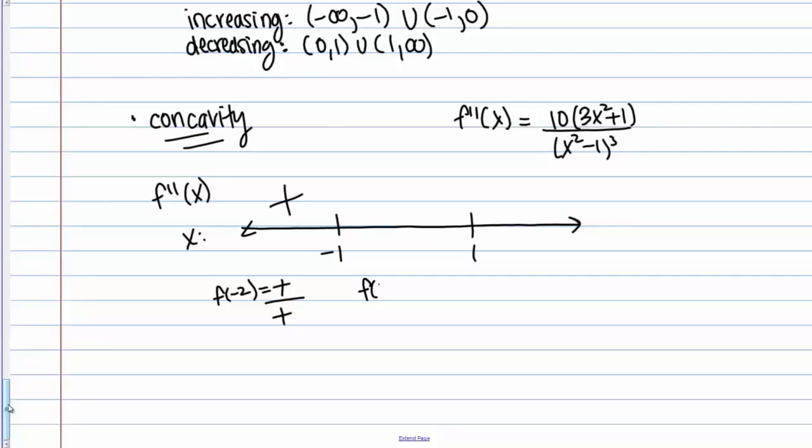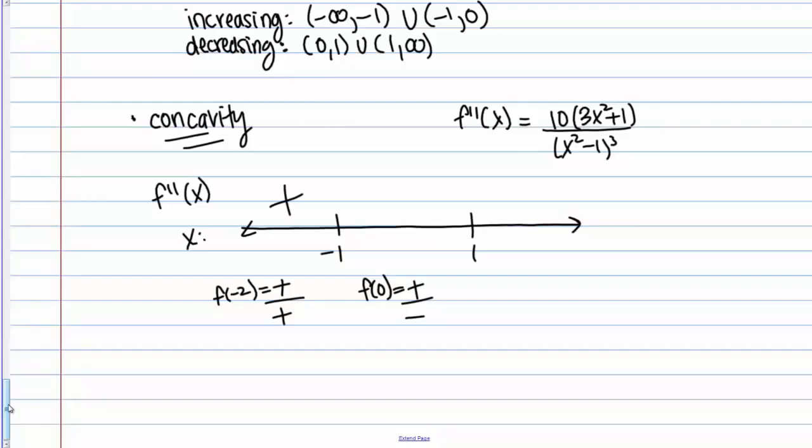All right, what about 0 for the middle interval? It's always nice when you get to use 0 as a test point. On the top, that's going to give me 10 times 1, which is definitely positive. But what about on the bottom? It's going to give me 0 minus 1, which is negative 1 cubed. And negative 1 cubed is negative 1. So this bottom is negative.